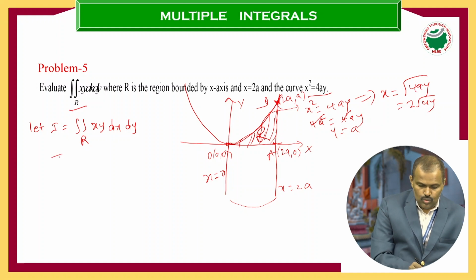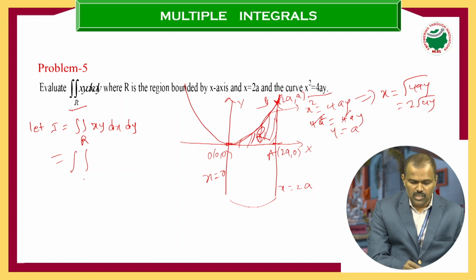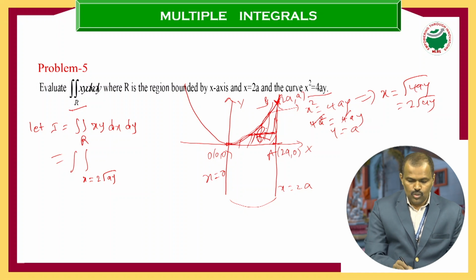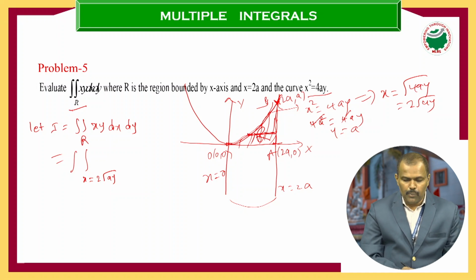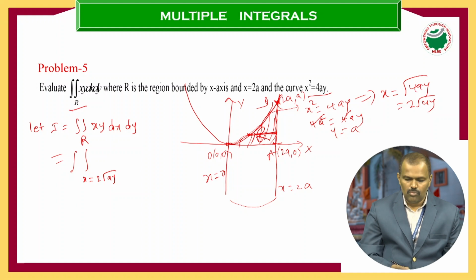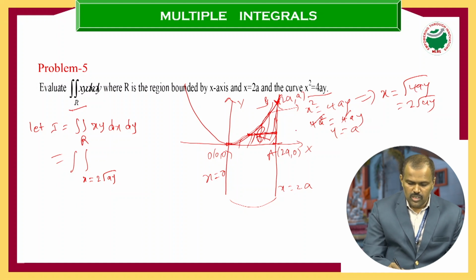So this is equal to integral 0 to a. First I am doing with respect to x, keeping y terms constant. Integral of x dx is x square by 2, within the limits 2 root ay to 2a, into dy. When I apply the upper minus lower limits, this is integral 0 to a, y by 2 is constant.